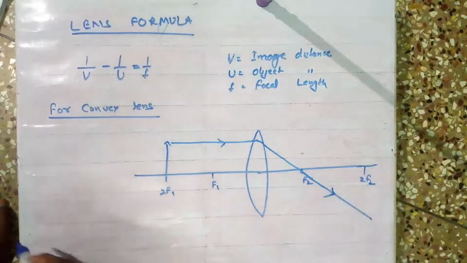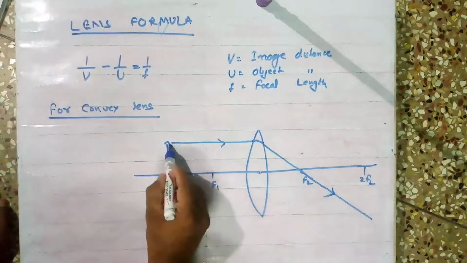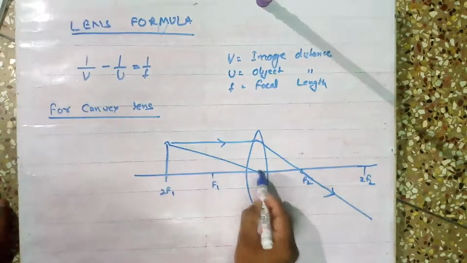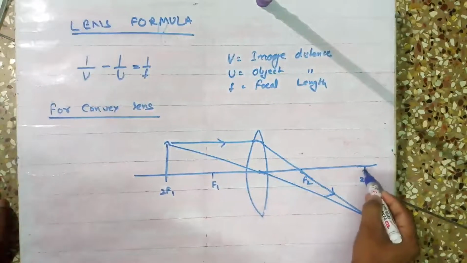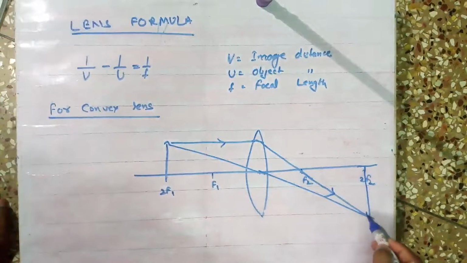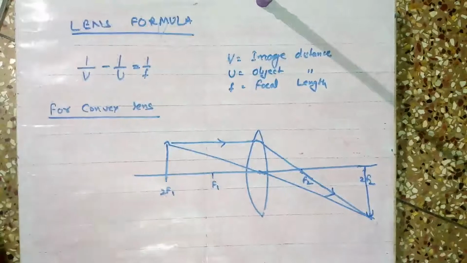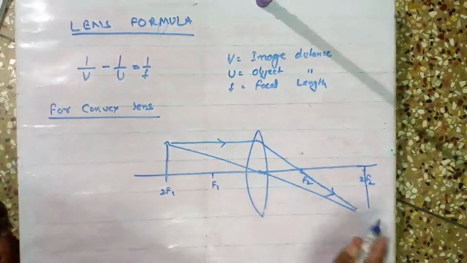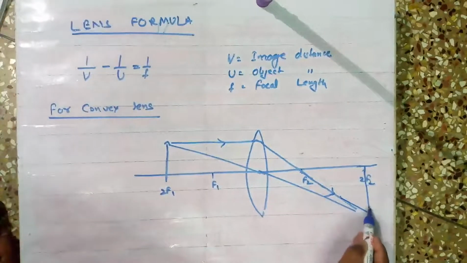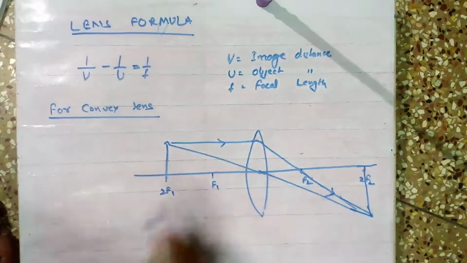The image is created here. Clear? It appears a little bigger, but it is not bigger, it is the same size because the object is at 2F here.